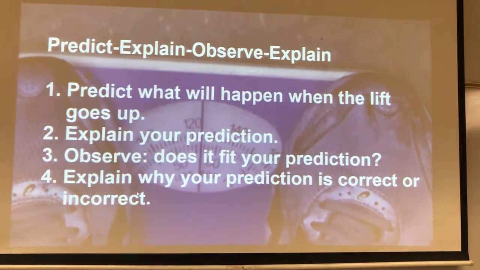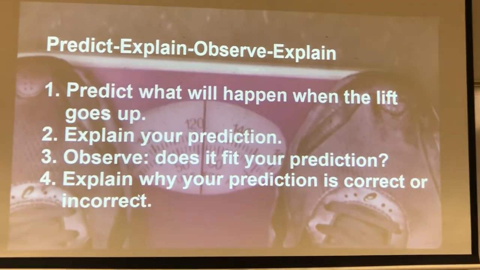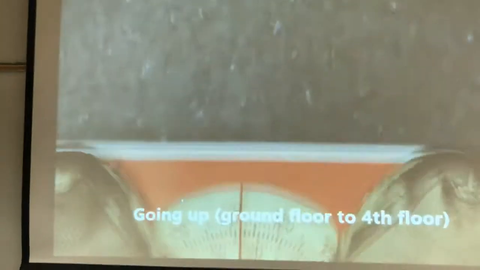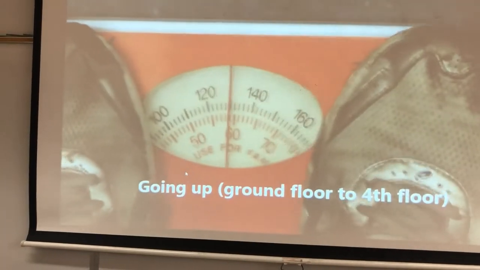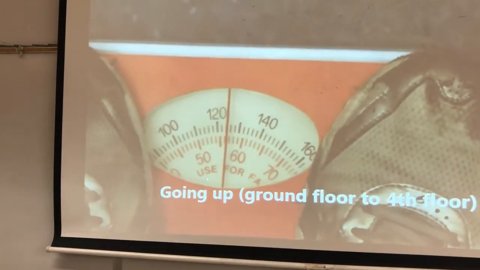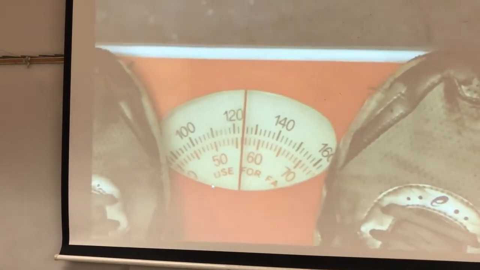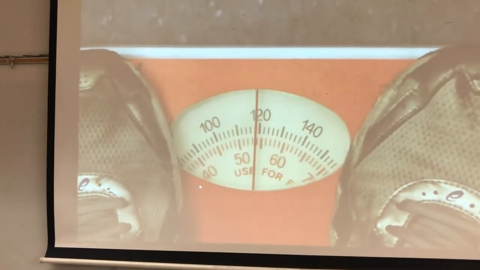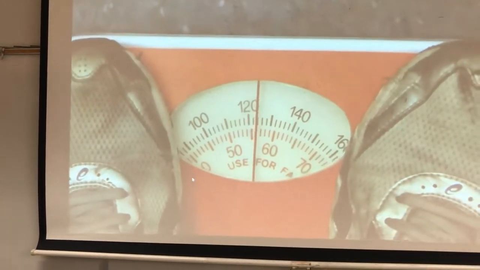It's not going to go up forever. It'll have to go up and stop. But what's the scale going to do? Here we go. Whoa! 130. Oh, and now 124. So it went up to 130, then back to 124. He's going to come to a stop here in a minute. What'll happen? Whoa! Oh! 118.